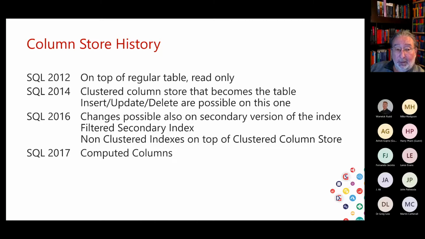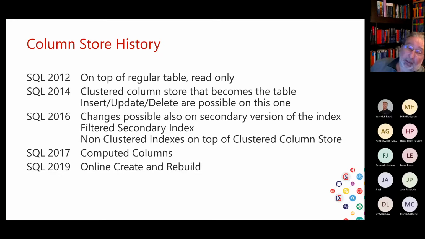In 2017, they added computed columns, so a column store now could have computed columns. And in 2019, online create and rebuild. That was very helpful, so that if you have a multi-billion, if not trillion row table, you can rebuild that index while everybody's using it. So that's helpful.